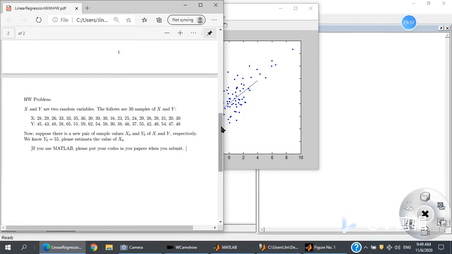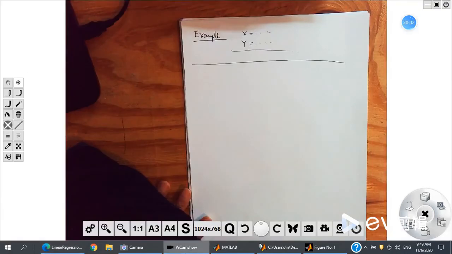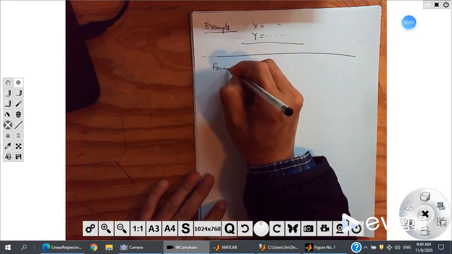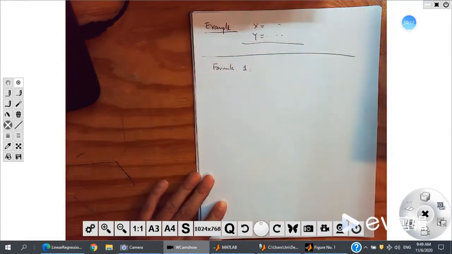Alright. This one. So here the capital M, M n of x y, means the mean of x times y with n samples. Let me write it here. Okay, formula. Formula 1, it is just that one, right?